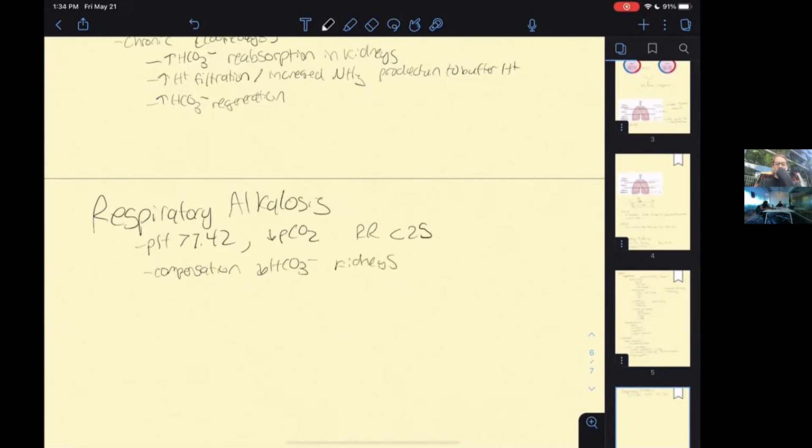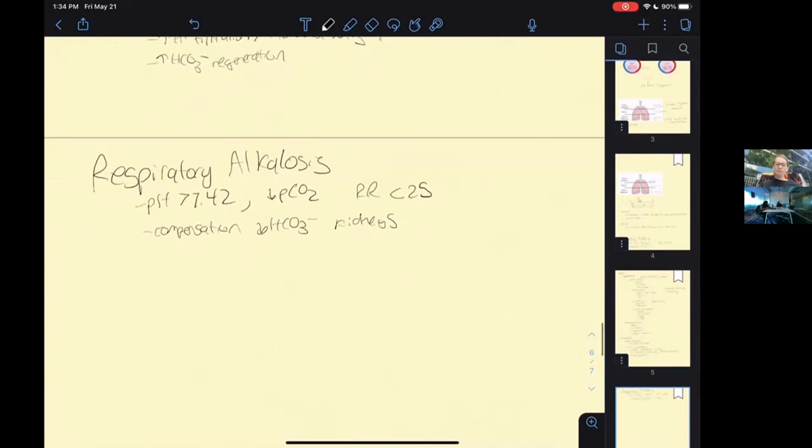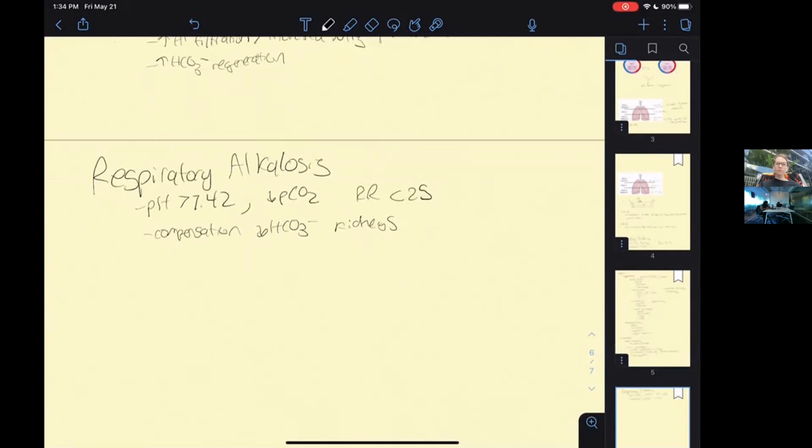So if we think about, there's like 3 major causes of respiratory alkalosis. One is hyperventilation, like I mentioned, and that makes sense, right? You're trying to get rid of as much CO2 as possible for some reason. And there's a lot of things that can cause hyperventilation.